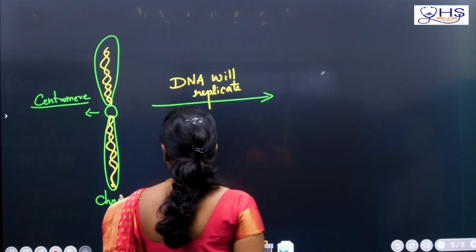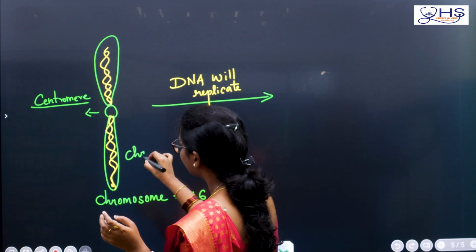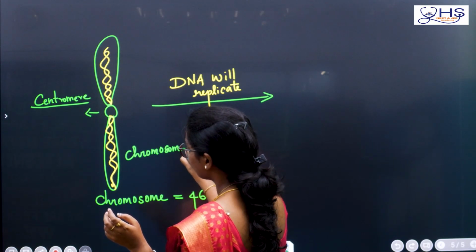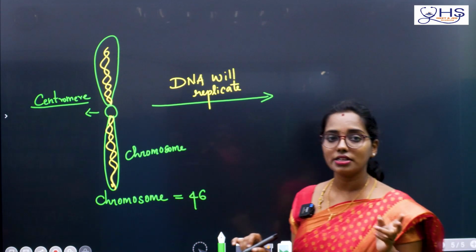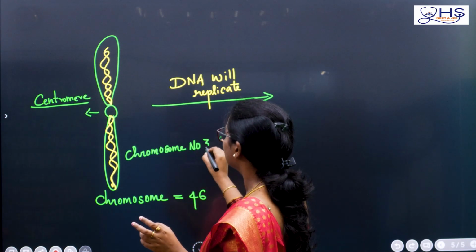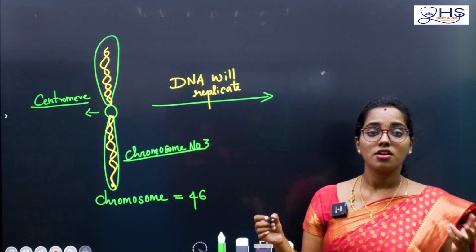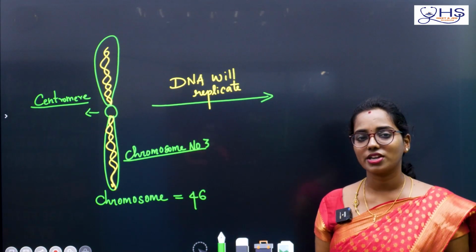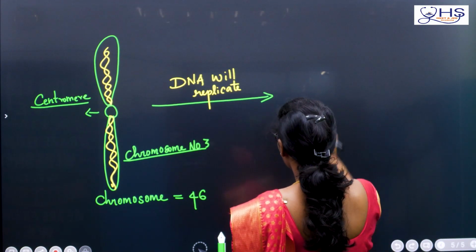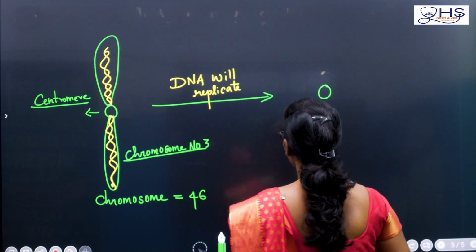For example, you can consider this as chromosome number 3. We have 46 chromosomes, right? It is present in 23 pairs, so you can consider this as chromosome number 3. Ma'am, why not 4, 5, 6? It's up to you. You can select randomly any one number, okay? So, I just took randomly chromosome number 3. So, what will happen to chromosome number 3 during the cell cycle and cell division?